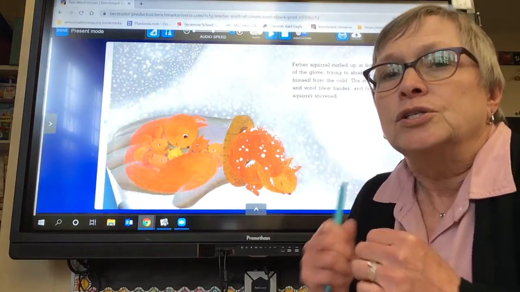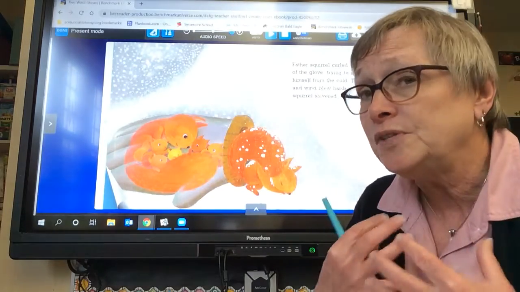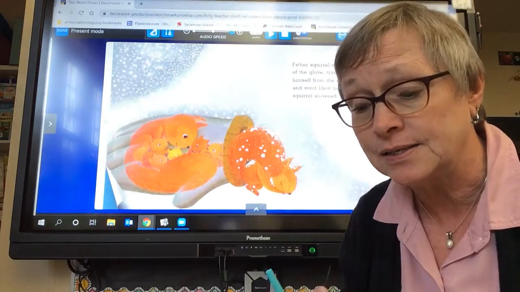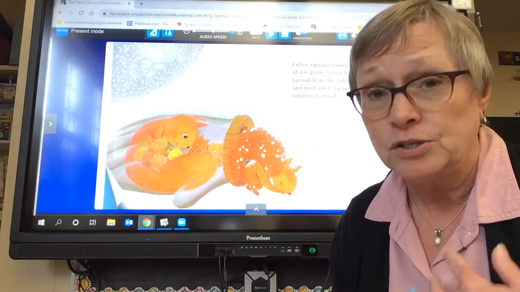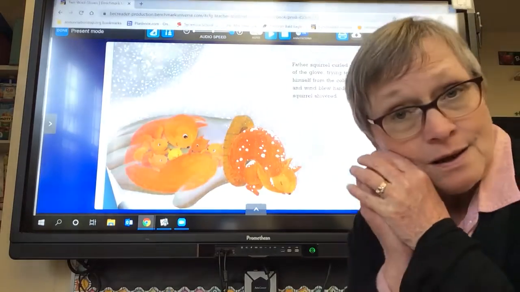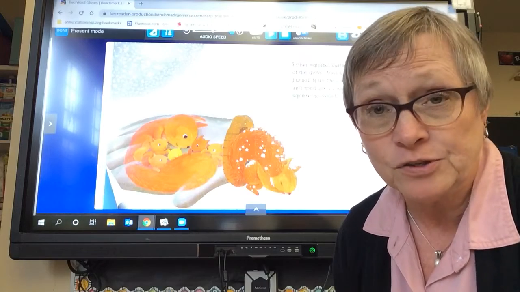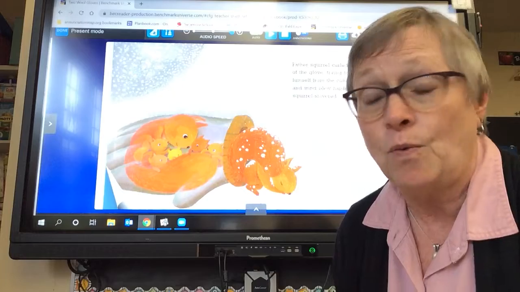He shivered. And when we shiver, our body shakes and moves a little bit, which helps build up our internal heat, right? So the baby squirrels snuggled to stay nice and warm, but father squirrel had to shiver to stay warm, right?